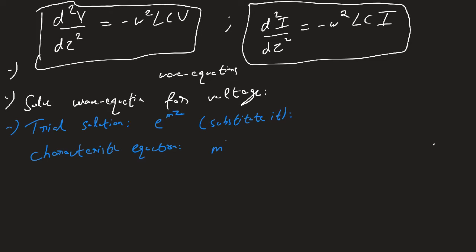It just becomes that m squared plus omega square LC becomes equal to 0. So m becomes equal to square root of minus omega square LC, which becomes equal to i omega square root of LC, right? Plus or minus.